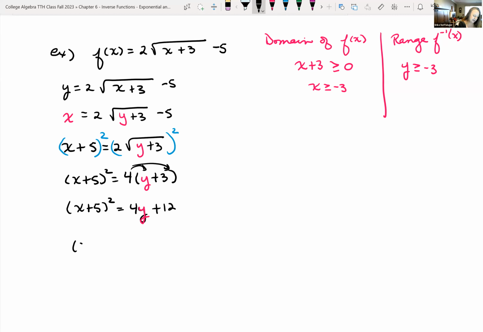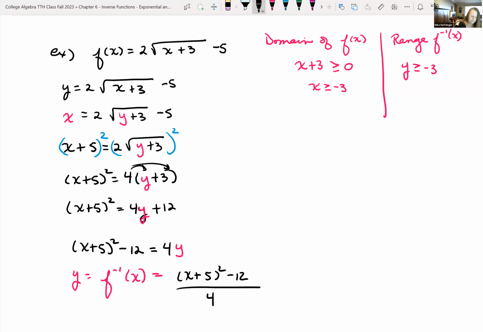So we have (x plus 5) quantity squared minus 12 is equal to 4y. And then we're going to divide everything through by 4. So we get y, which is also equal to our inverse function, f inverse of x, is equal to ((x plus 5) quantity squared minus 12), all divided by 4.